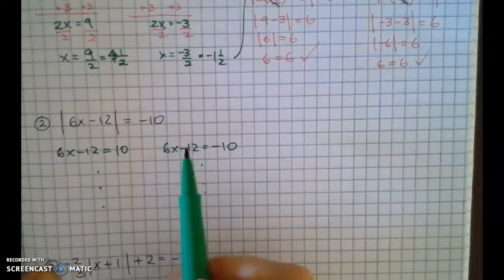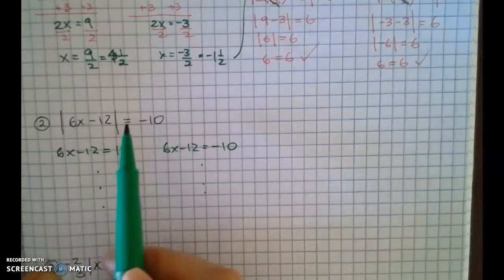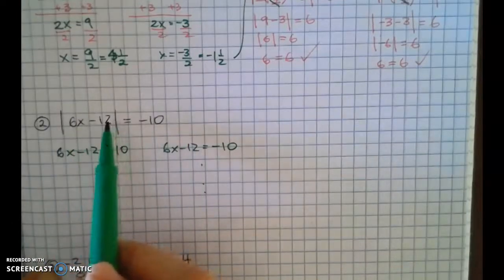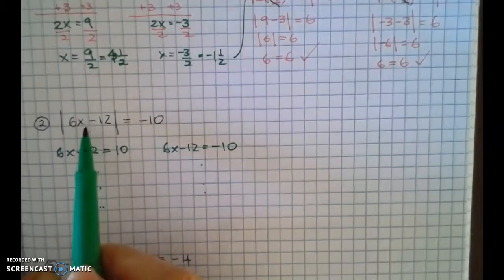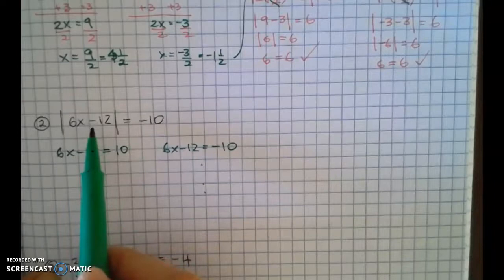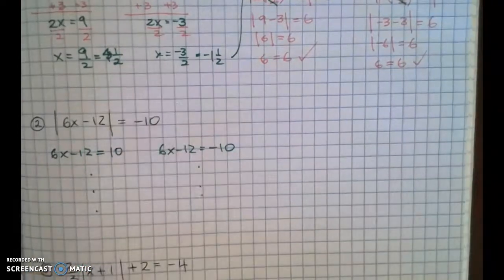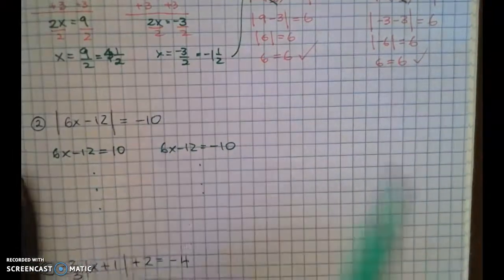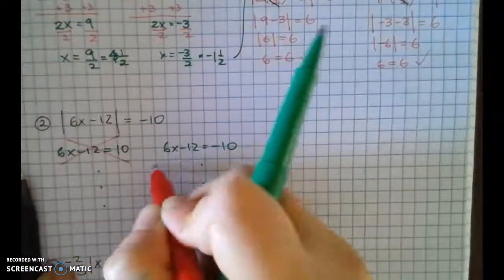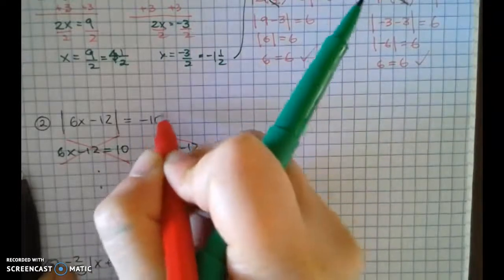Okay, but you can't do that. You need to be thinking about, okay, what is the absolute value function? It always has an output that is going to be positive or 0. Can it ever give a negative number? No, it cannot. So this is not good.